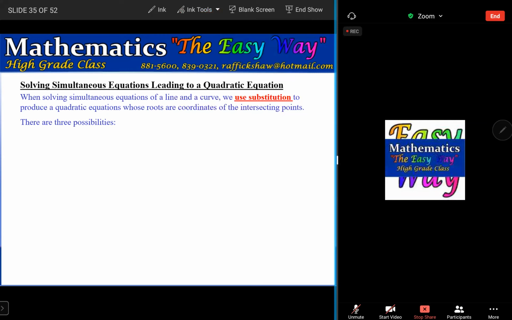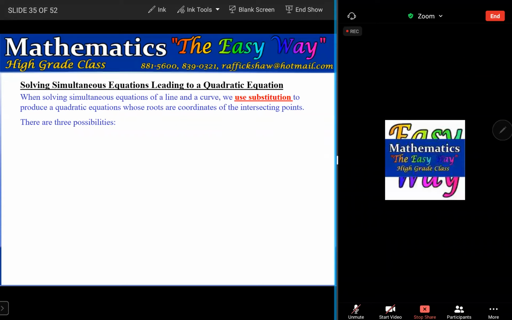So what you're looking at on the slide is straight into the method that we will learn. Now, persons who have learned simultaneous equations already more than likely would have learned them with 2 lines. The teachers tell you that you have 2 methods that you can use. You can use a method of elimination, or you can use a method of substitution, right?